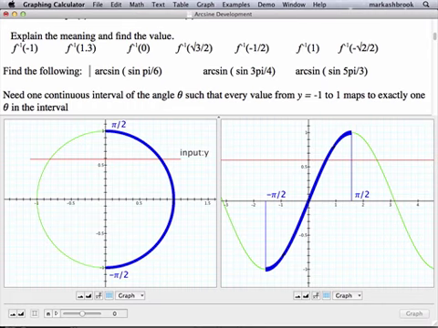Radical 2 over 2. Radical 2 over 2 would then give you 5 over 4. 5 pi over 3 gives you negative 5 radical 2 over 2. Radical 3 over 2.